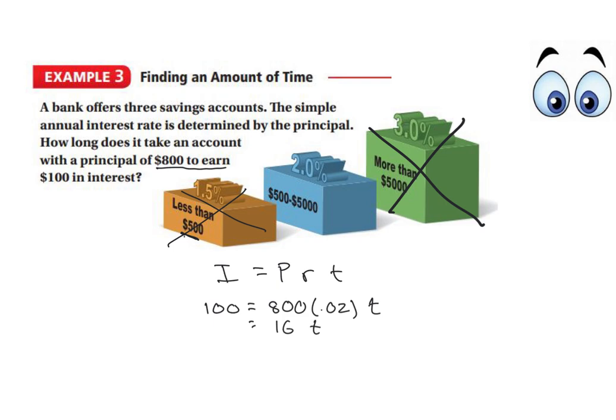So 16t equals 100. Divide both sides by 16. So 100 divided by 16 equals 6.25. And that's years. So it'll take 6 years and 3 months in order to earn that $100 in interest.